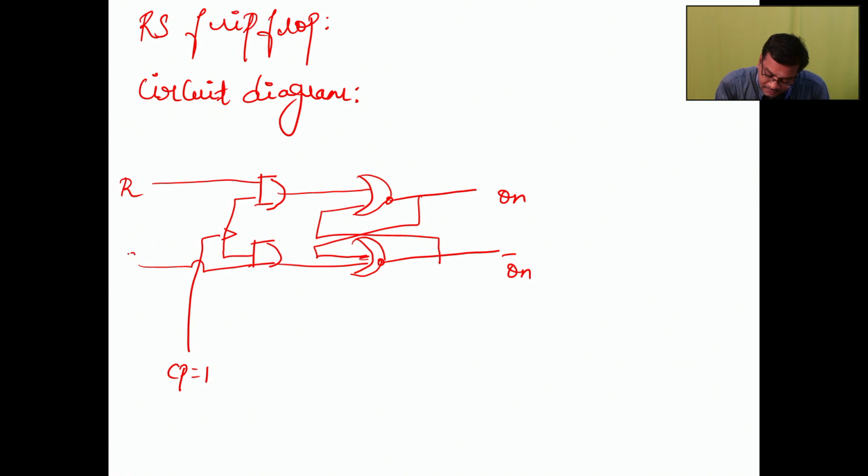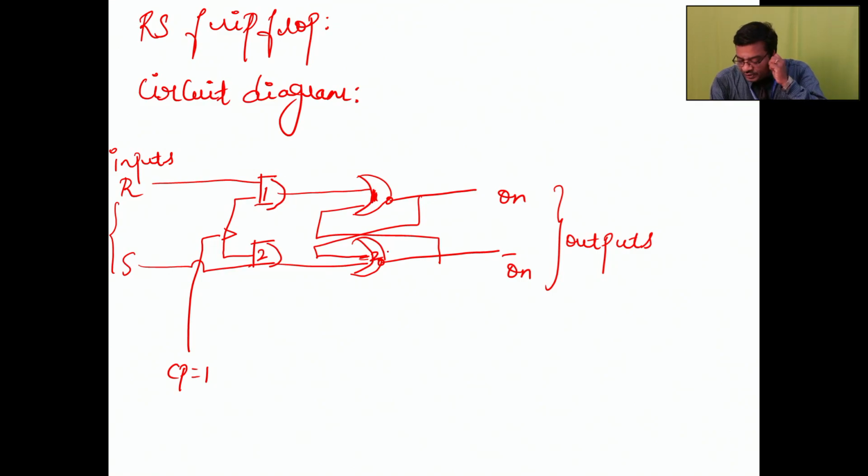This is R and this one is S, so these are inputs, and these are outputs. The first AND gate, second AND gate, first NOR gate, second NOR gate.